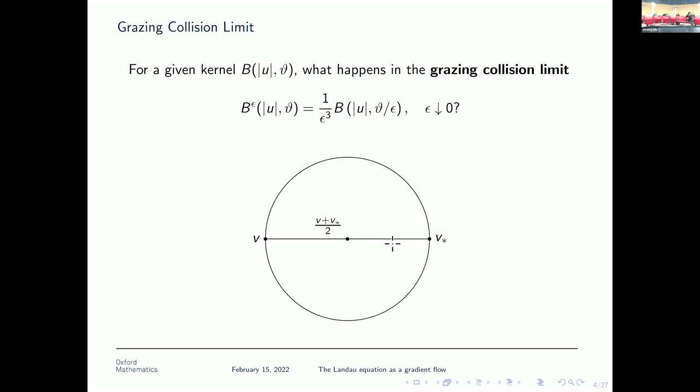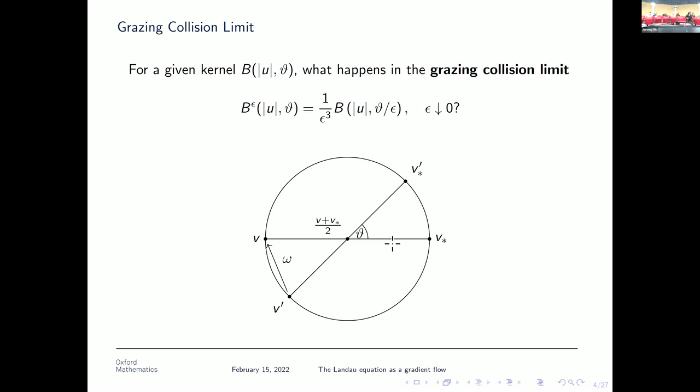Just to draw the picture again, in the elastic collision case, whatever two velocities I have initially, you draw a circle with V and V star as points on the surface. The center of mass, the halfway point, is conserved along the collisions, because I'm assuming that my collisions are elastic. So in particular, the post-collision velocities will also be vectors that lie on the surface of this circle.